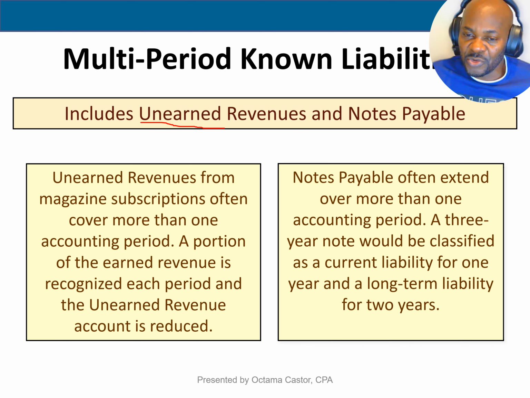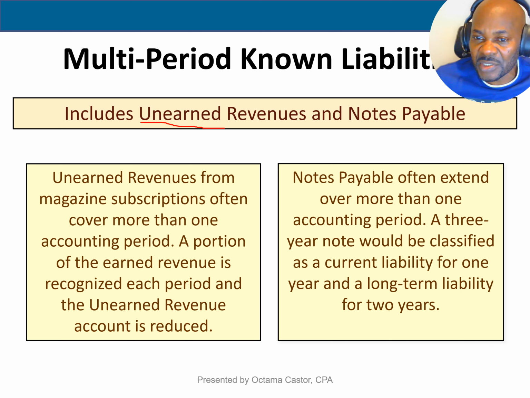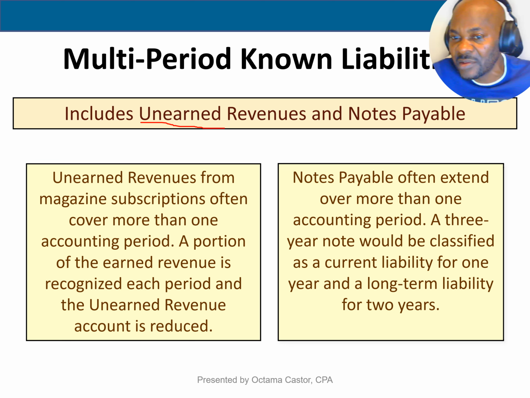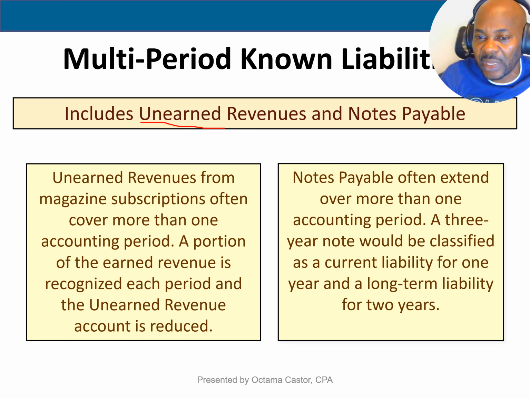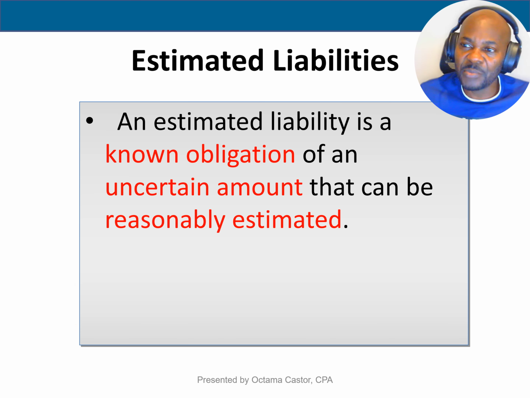And you still had two more concerts to perform, and then the next one could probably be somewhere in December, and maybe the last one could extend into the next year. So when you have a liability that you carry in your books for more than one period, it is called multi-period liability.